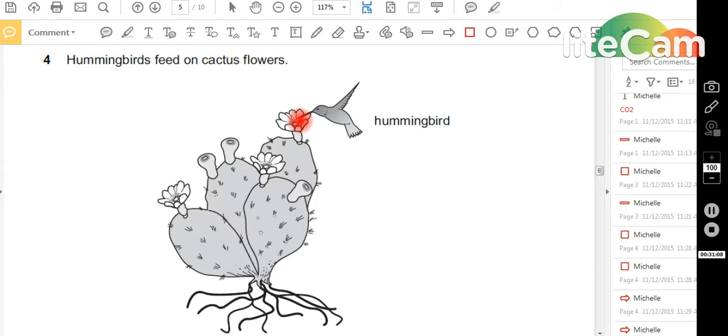The cactus flower. Sorry, I couldn't hear. Sorry, Jalen, you're breaking up. I just hear cactus flower. What adaptation does the hummingbird have in order to feed on this flower?